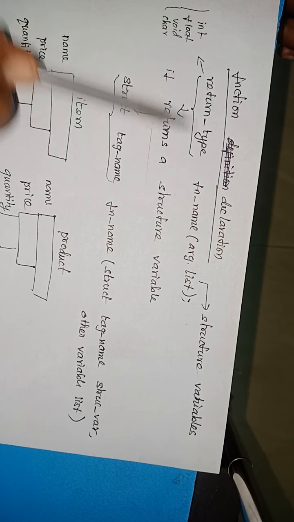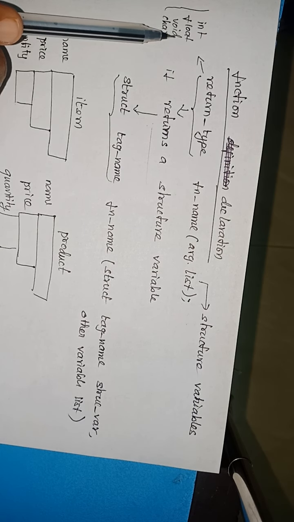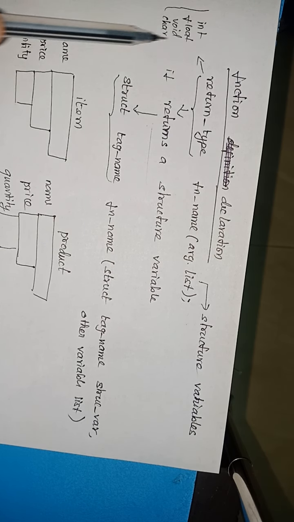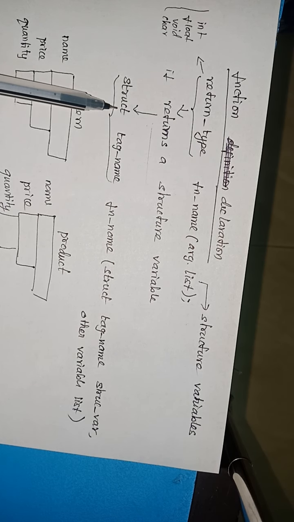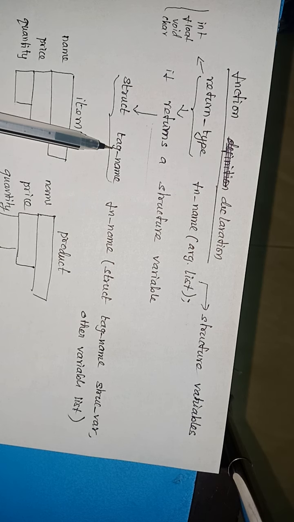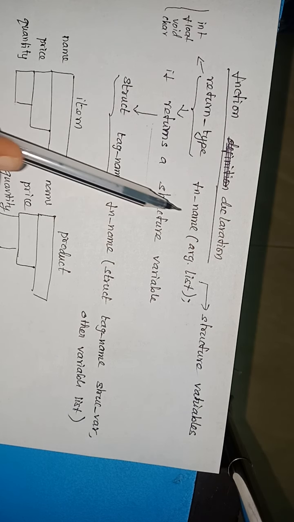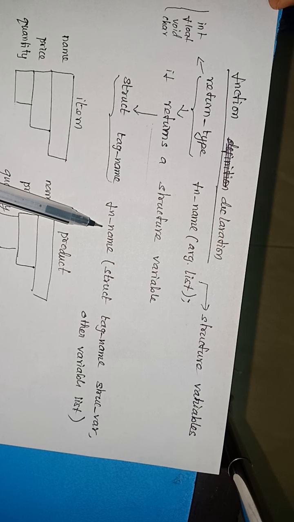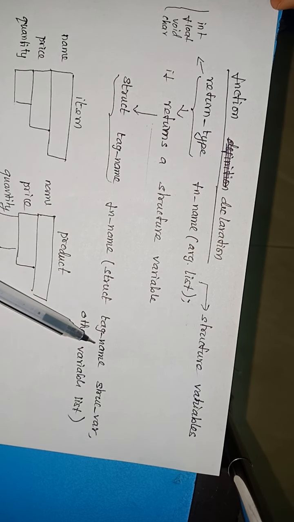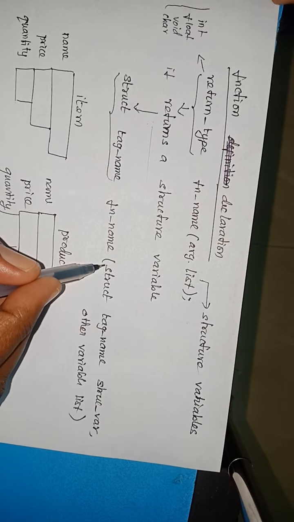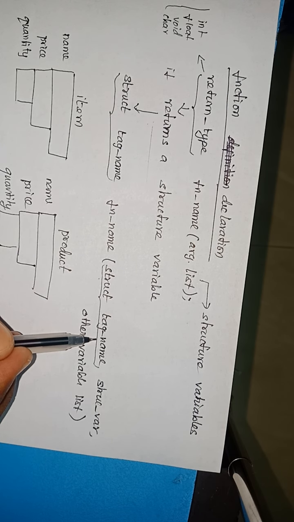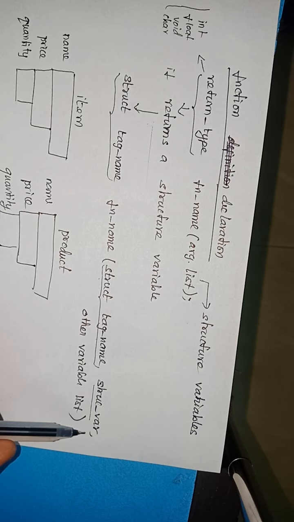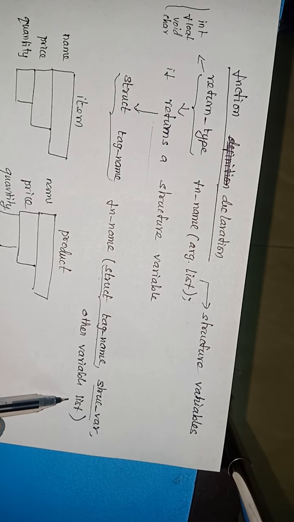In place of int, float, void, we have to put the keyword struct together with the name of the structure. Then as usual, the function name. If the argument list contains structure variables, once again this format should be followed: keyword, tag name, then the structure variable, comma, and together with that I can send any elementary data types also.